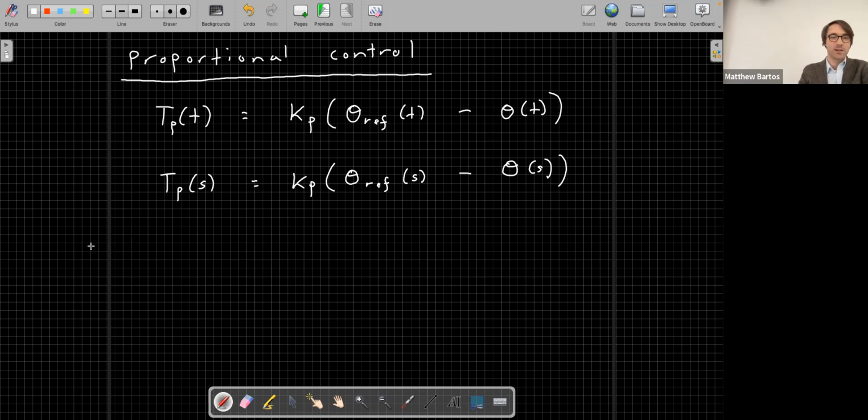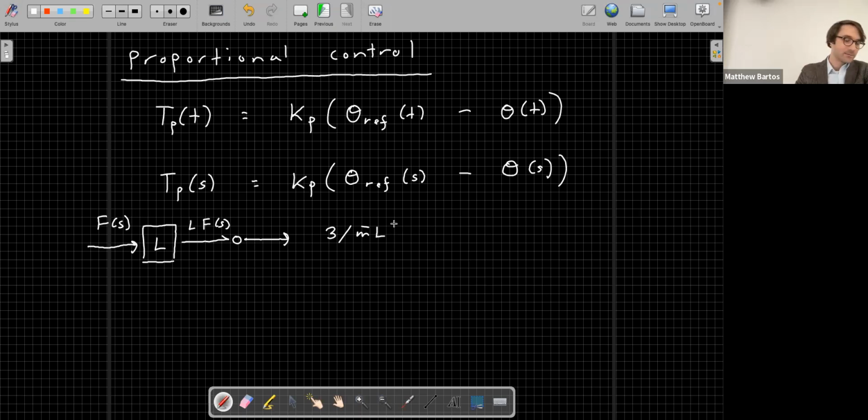So let's say we start with some disturbance force F of s. We multiply it by the length of the scooter L to get a moment L times F of s. That goes into this junction here, and gets fed into our transfer function, which I'll write as 3 divided by m bar L cubed, divided by s squared minus 3g over 2L.